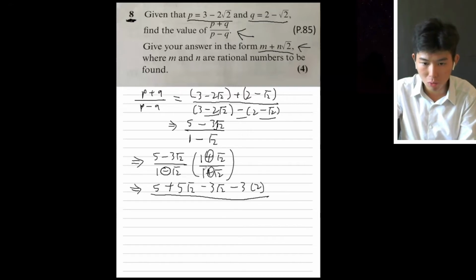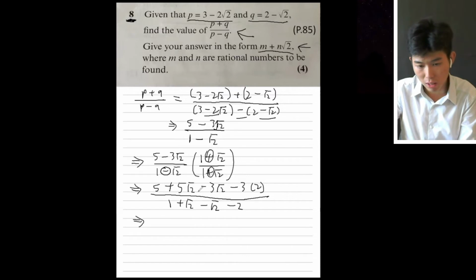And over 1 times 1 would be equal to 1, and 1 times root 2 will be equal to root 2. Minus root 2 times 1 will be minus root 2. And root 2 times root 2 would be equal to 2 and minus 2.